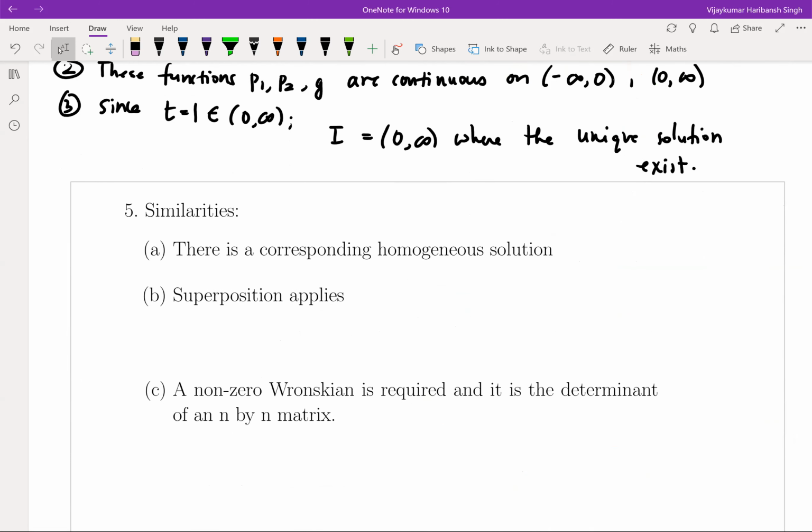Now we want to discuss the same thing about the homogeneous and the non-homogeneous part.